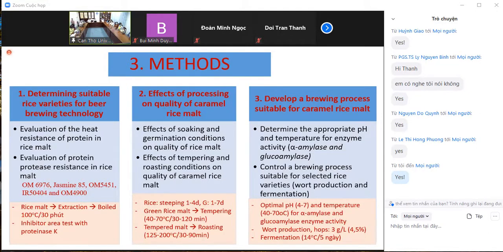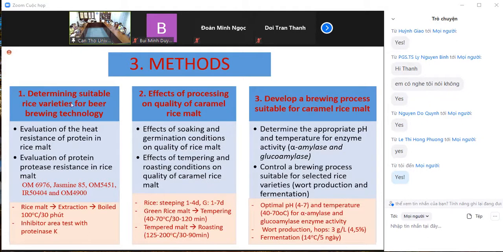We evaluate the heat resistance and the protein resistance in dry malt. We chose 5 rice varieties, including OM 6976, Jasmine A5, OM 5451, IR 50404 and OM 4900.